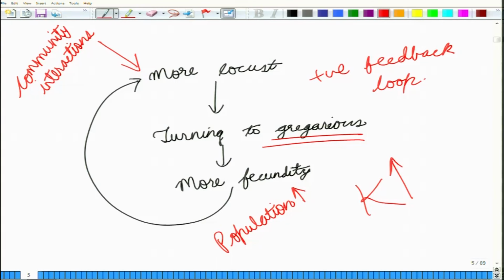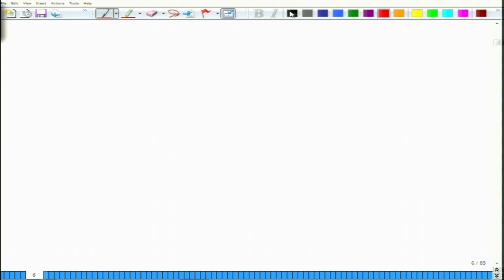If you think like a locust, if you want to have more eggs, there should also be more food available for the offspring, because remember, in evolution we only talk about fitness. Fitness is not just an organism producing more offspring, but more of those offspring should also survive to the next generation.